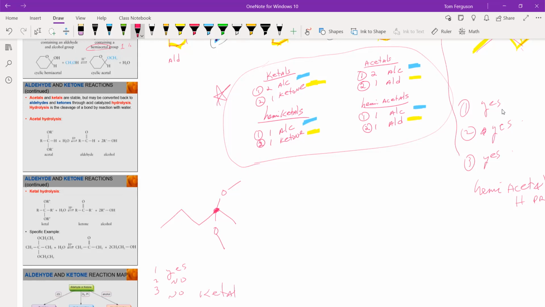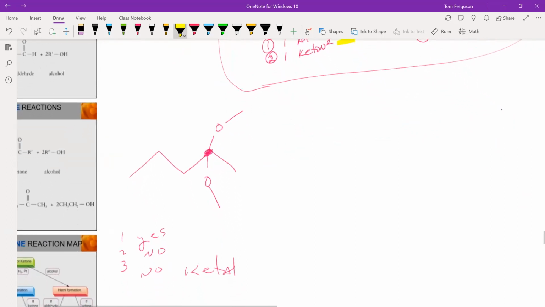Okay, a ketal starts with a ketone. And what does our backbone look like? Backbone is here. Alcohols are here. So those are 1 carbon alcohols. 1 carbon alcohols are methanol.